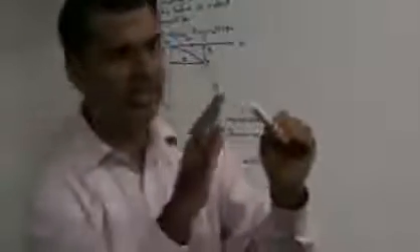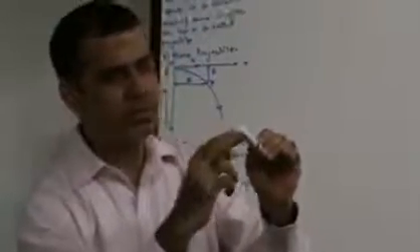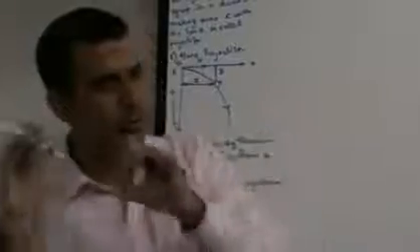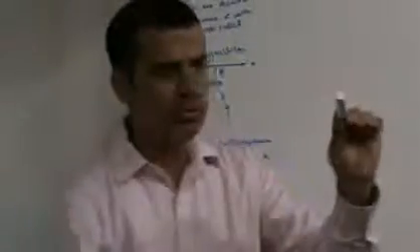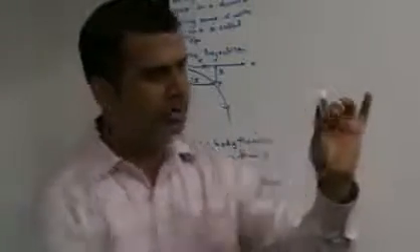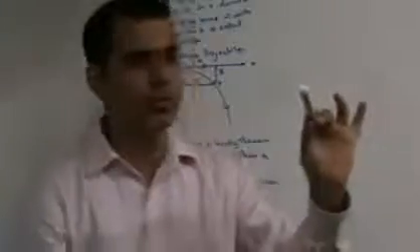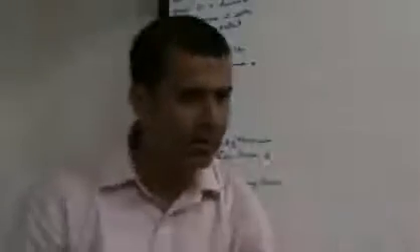Once I release the body, there are going to be two forces acting on the body. One, I am throwing it in horizontal direction, so there is going to be a horizontal force acting on the body. Once I release the body, the gravitational force will also act on the body, that will try to pull the body down. So there are two forces acting on the body, one in the horizontal direction, one in the vertical direction. Do you understand this?